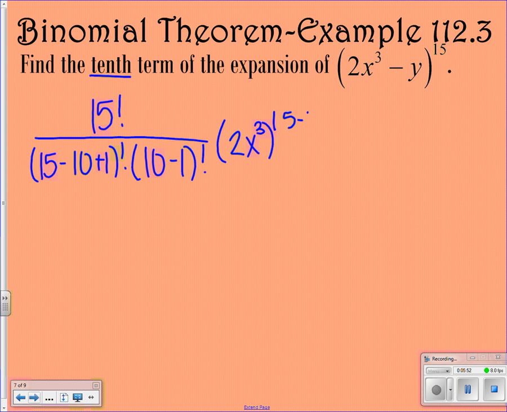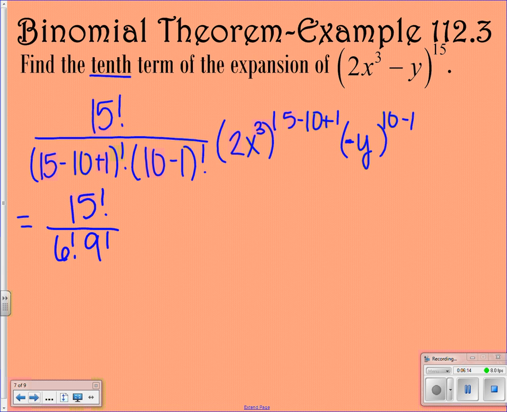And it's raised to the 15 minus 10 plus 1. And then our s term, our second term, is raised to the 10 minus 1, and it's a negative y. Remember, you do need to take that negative sign with you. So we have 15 factorial over 6 factorial, 9 factorial, and then we have 2x cubed to the 6th and negative y to the 9th.